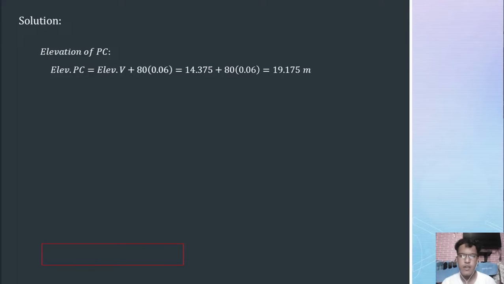So elevation V is equal to 14.375 plus 80 times 0.06, which is equal to 19.175 meters.